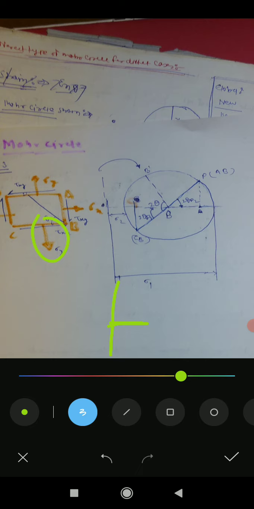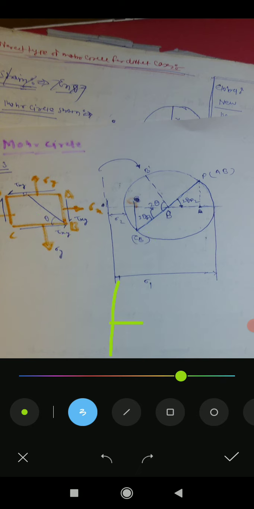Why? Because this is tensile. I will teach you about the compressive stresses also in the next example. So what will happen? This is tensile, then this is counterclockwise, so we will go this side. So we will get a point, this Q here.